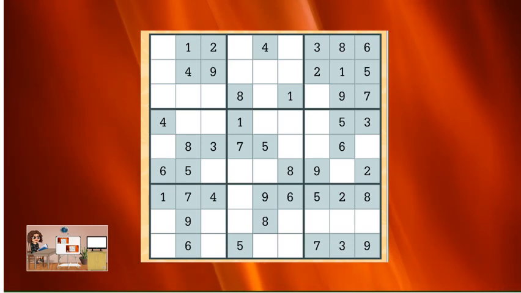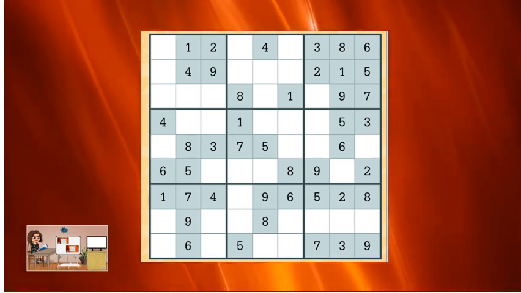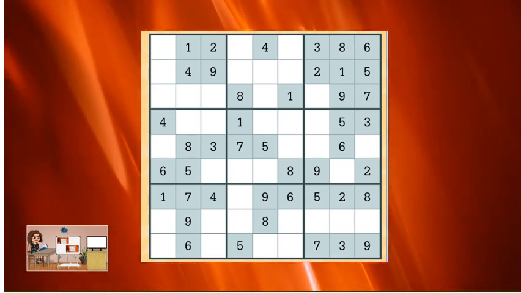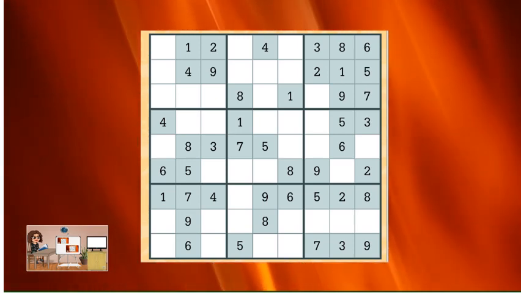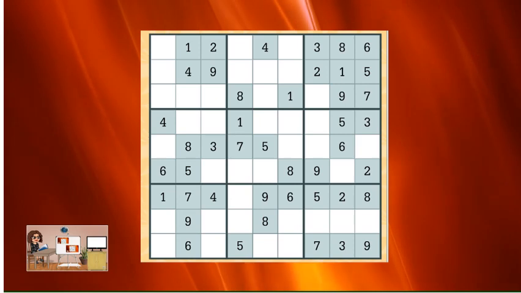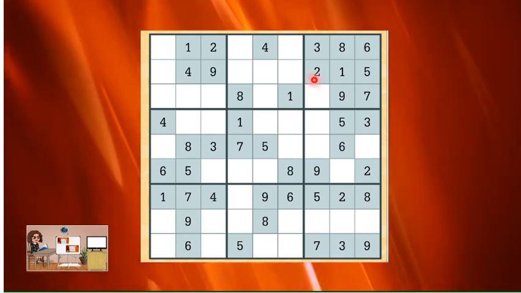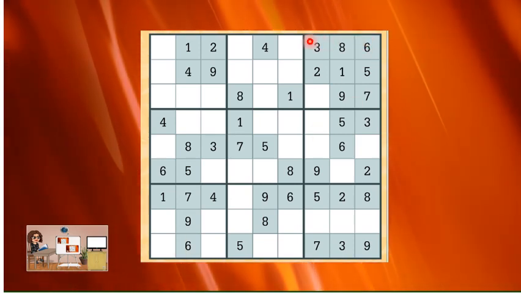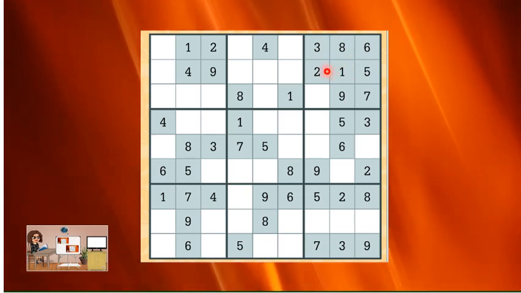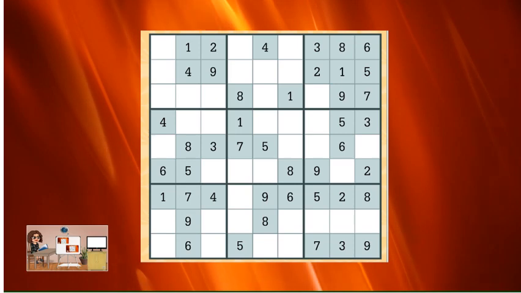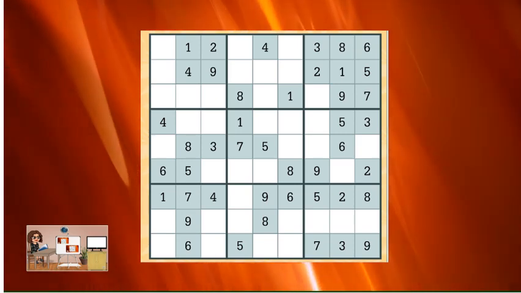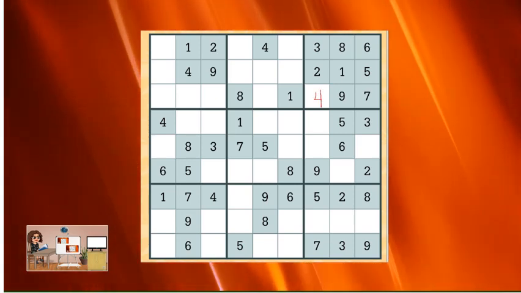The first thing to do is to look for a block, a row, or a column that is filled in with the most number of digits. So in this case, we have this block. We have the numbers 1, 2, 3, and 4 is missing. So therefore, 4 should be written here.